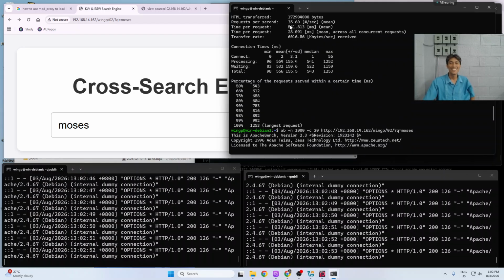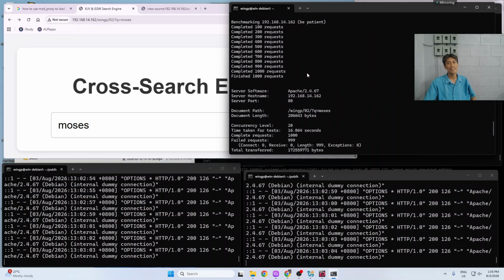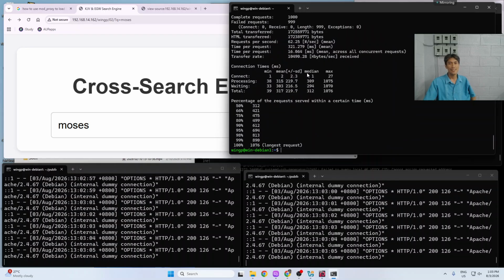Amazing. With one VM, with 4 cores, it is 35 requests per second. With load balancing, we almost doubled the speed. It's now 62. It's not exactly double, it's supposed to be 70, but it's almost double.